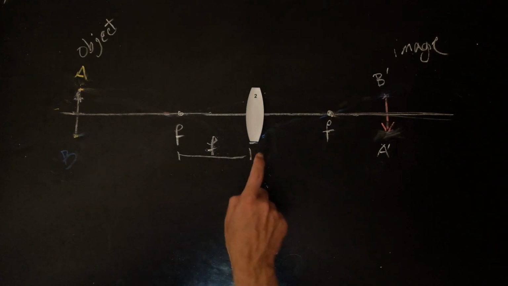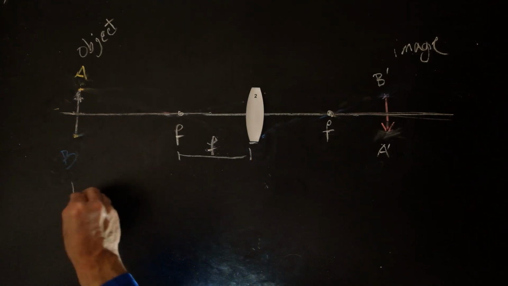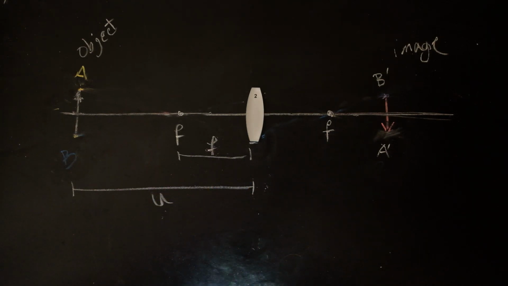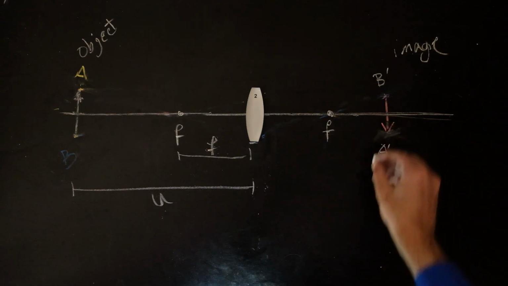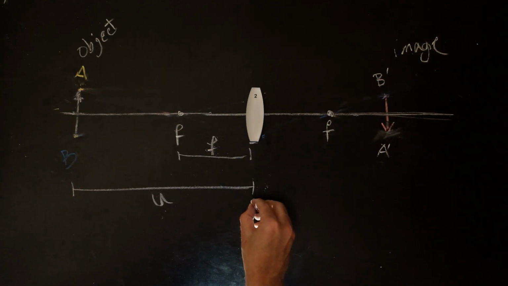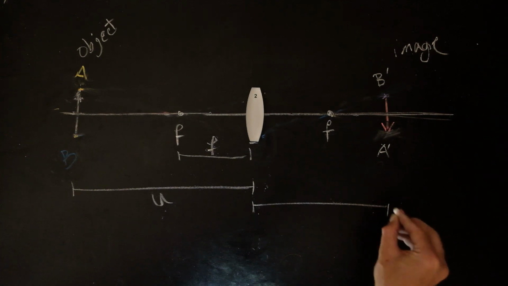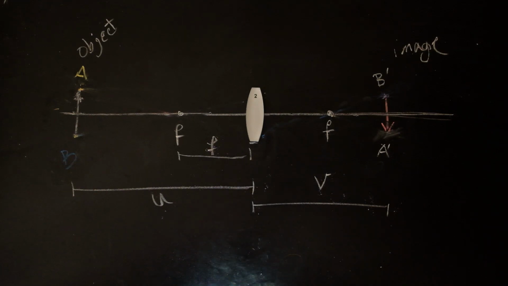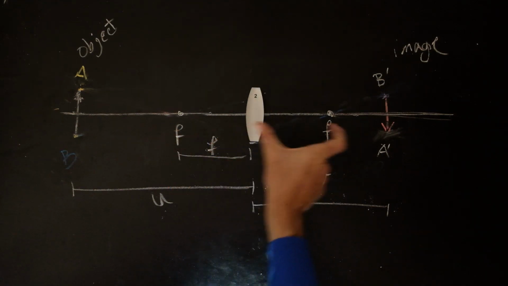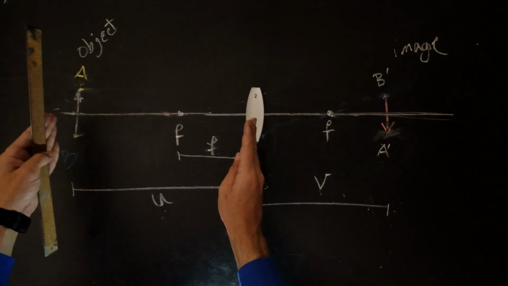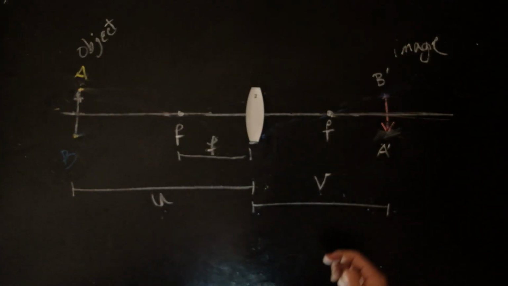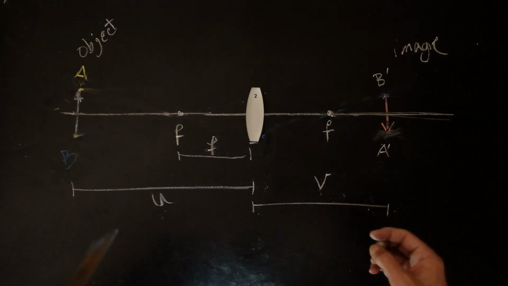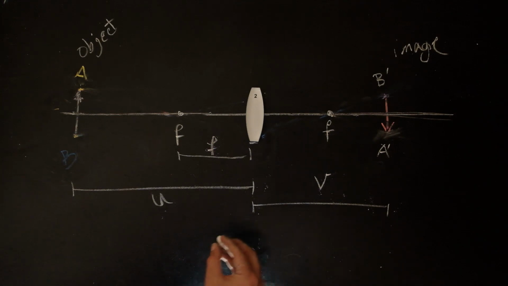From object to the lens, we use u. And from image to the lens, we use v. Okay? So focal length, u, and v. And the relationship between these three parameters is like this.